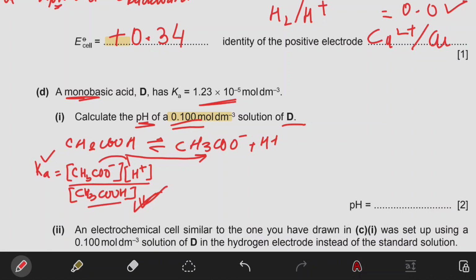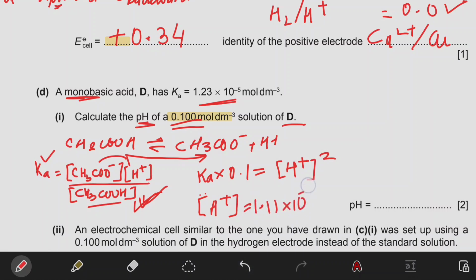So what you can write is just Ka times 0.1 equals H+ squared. Now write down the value of Ka, and you are going to get the concentration of H+ as 1.11 × 10^-3.